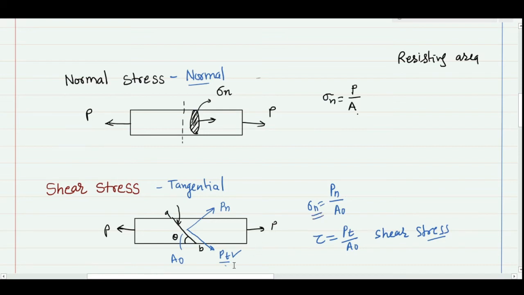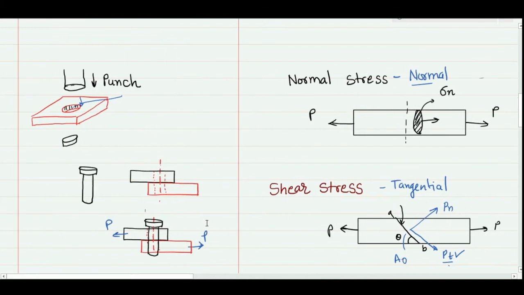The shear stress can also be understood by looking at these two problems. In the first case, we have a punch which is used to make a hole in this plate, and suppose the thickness of the plate is T and the radius of this circular hole is R. Here again I have to see which area is the resisting area.